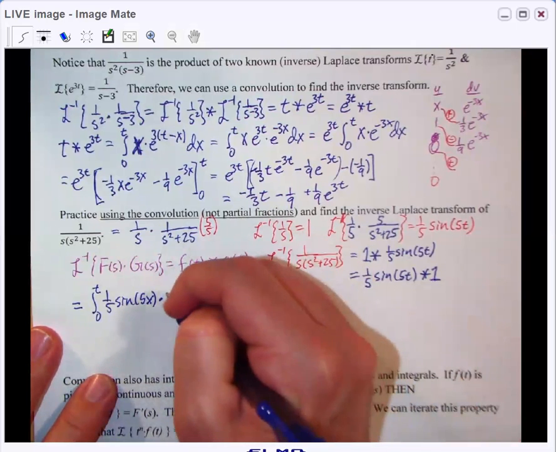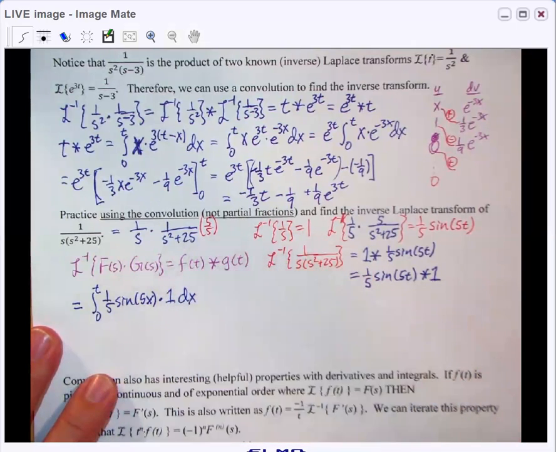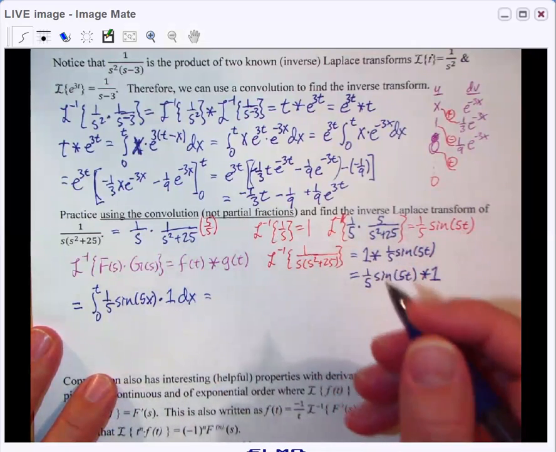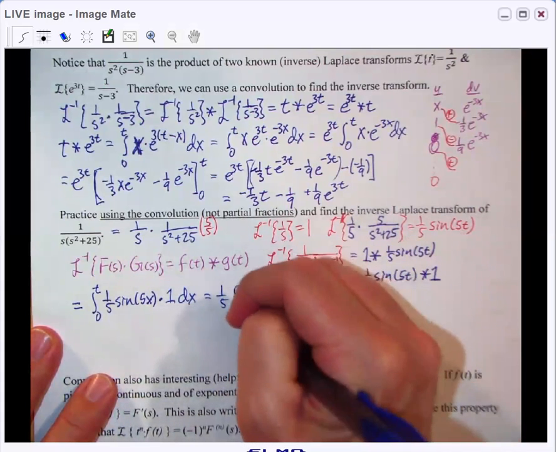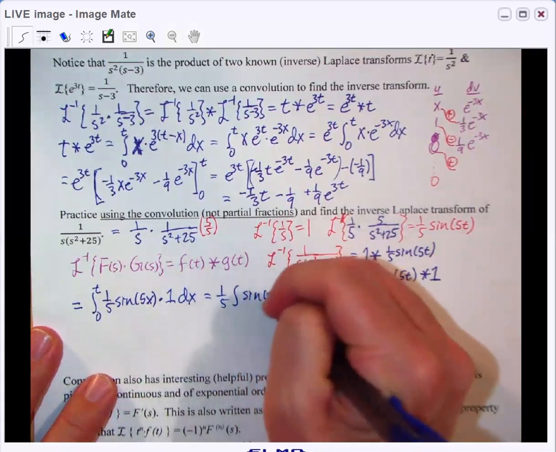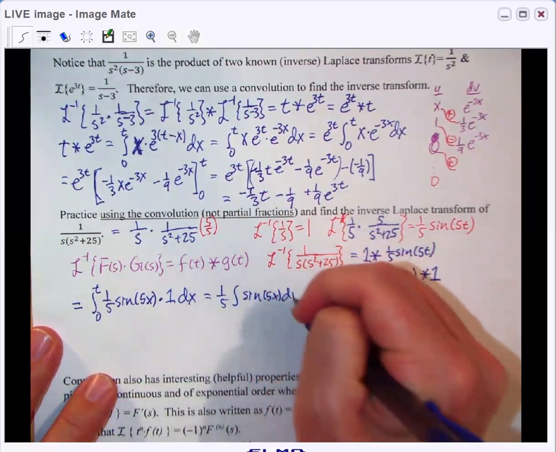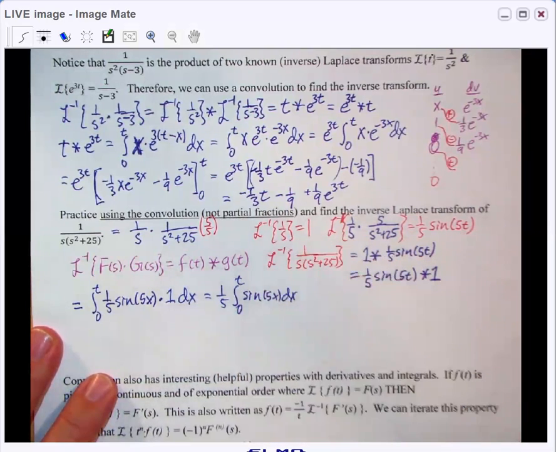It's always a 1, times dx. And so that's going to make this actually a whole lot easier than doing it by partial fractions. So we've got 1/5 the integral of sine of 5x dx from 0 to t.